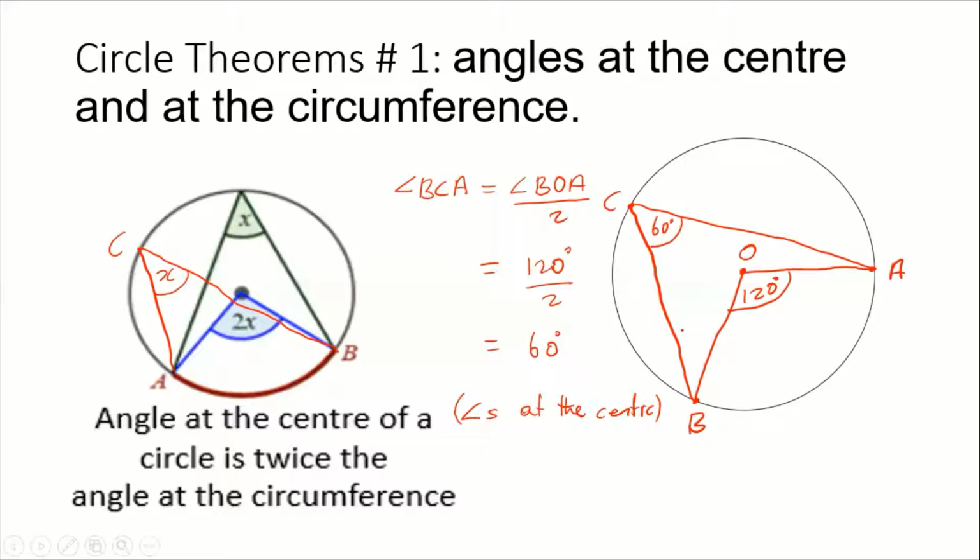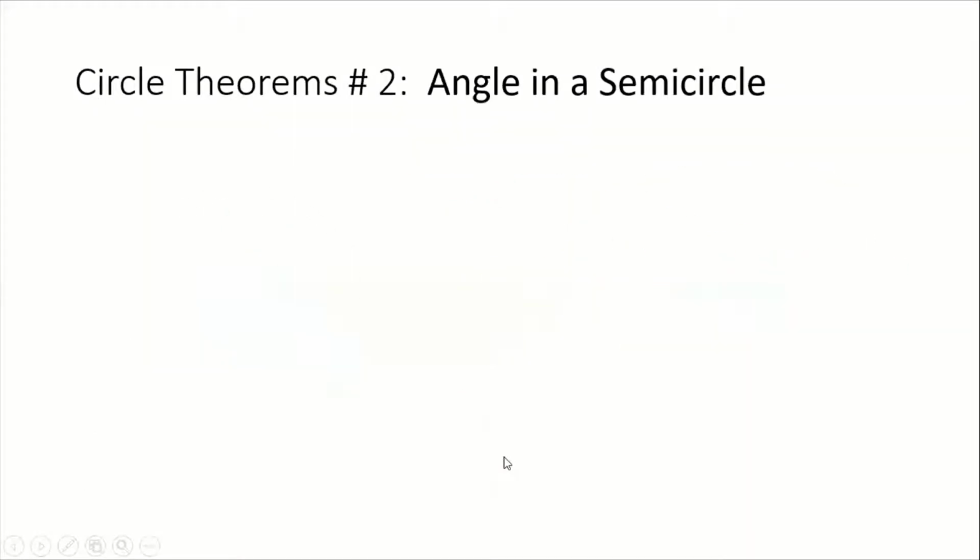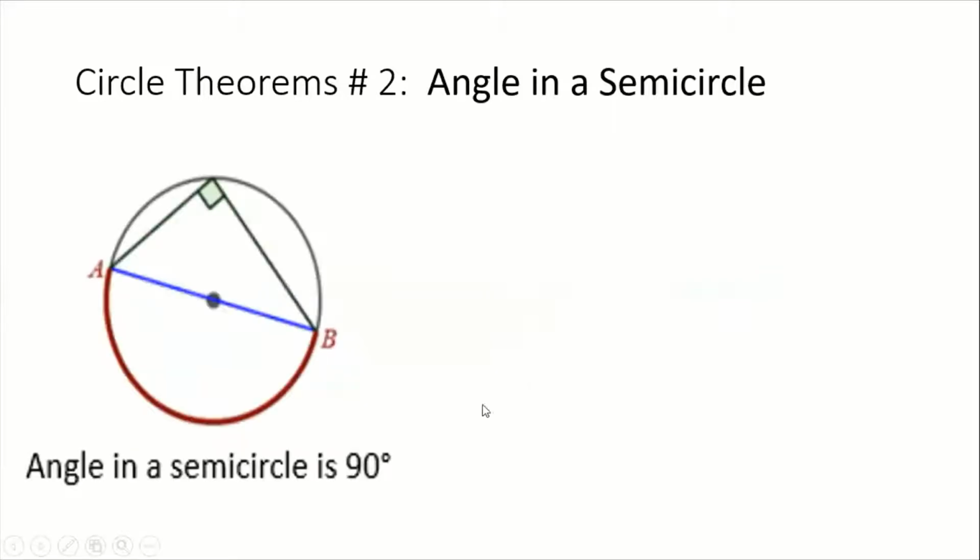Now, let's look at our second theorem. Angles in a semicircle. Angles in a semicircle is 90 degrees, right? So that's it. As you can see right here, we have the semicircle, because once you have a diameter, then you have two semicircles, right?